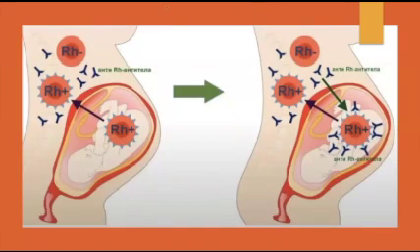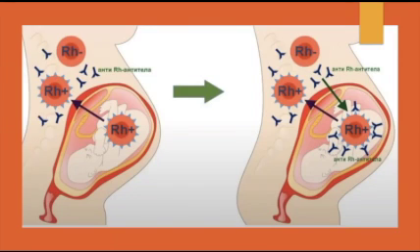The mother's body will start to produce antibodies. These antibodies can cross the placenta to the fetus and destroy fetal erythrocytes. The fetus will have hemolytic anemia, hemolytic disease.